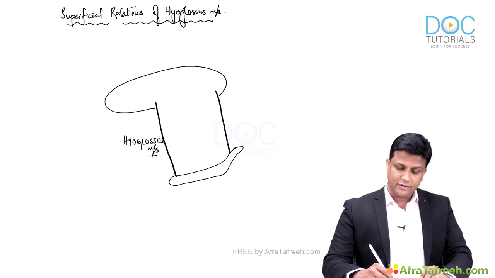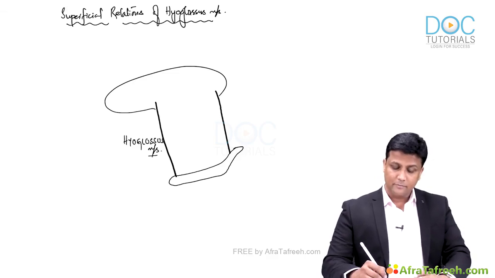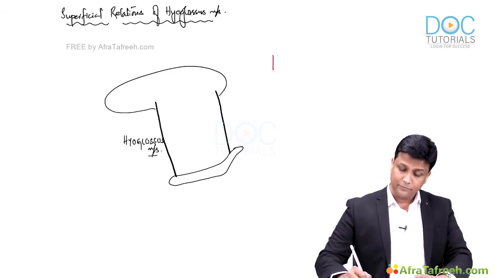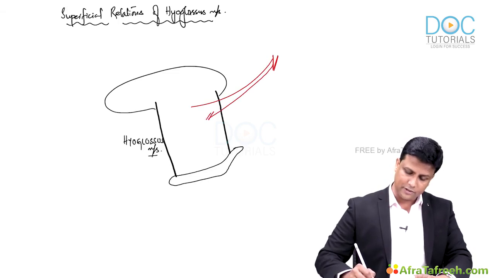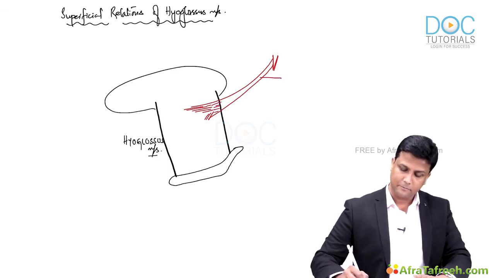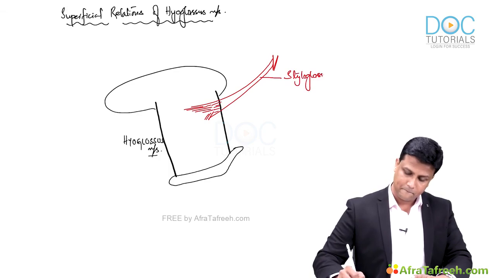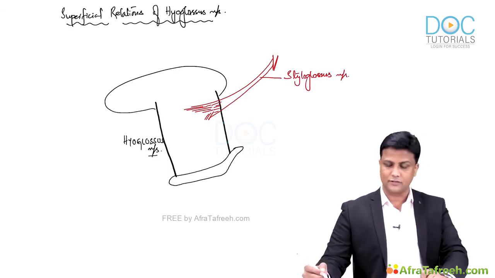Now what are the structures which are actually related to this one? First of all, the styloid process, and from there a muscle goes to the tongue, and some of the fibers will also merge with this one, guys, and this will be the styloglossus muscle.